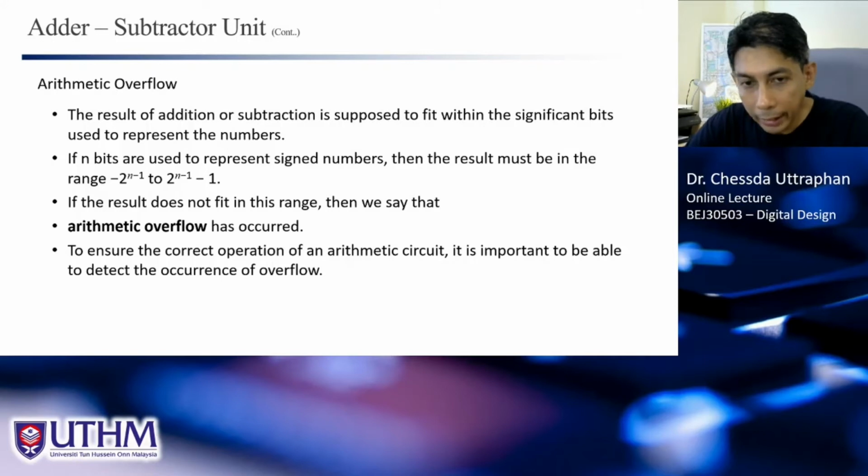For example, if our adder is 4-bit, the numbers that we can add are 4-bit, and of course the result is 4-bit. If the hardware is 8-bit, the numbers will be 8-bit and the result will be 8-bit.